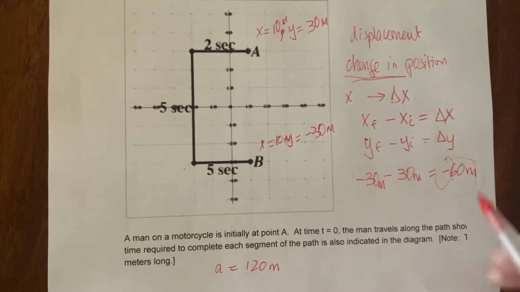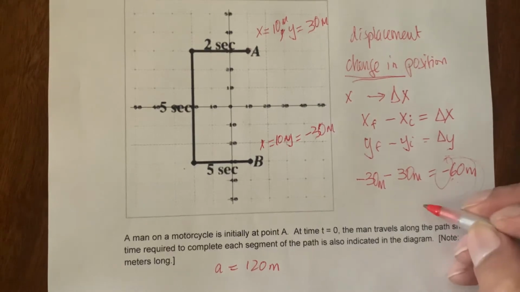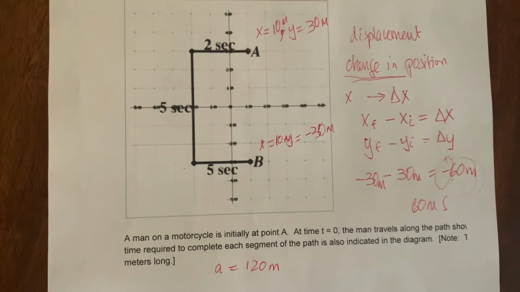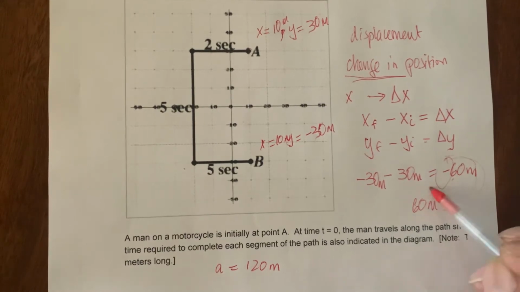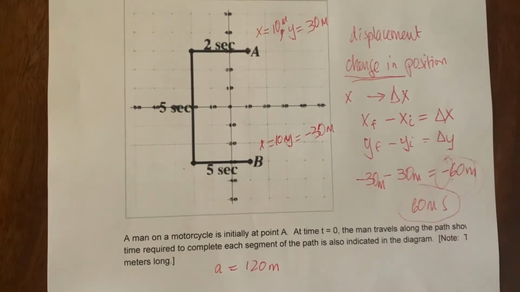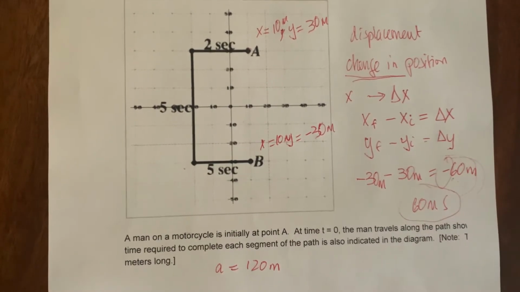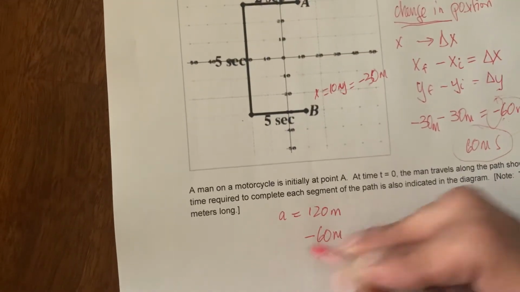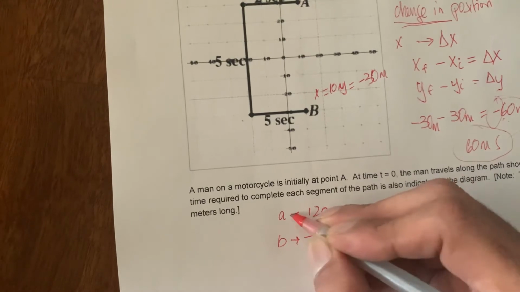Putting negative 60 meters or 60 meters south would each mean the same thing. But that would be telling me not just how far I am, but what direction I am. And the negative sign, again, is just pointing direction. So that would be negative 60 meters for part B.